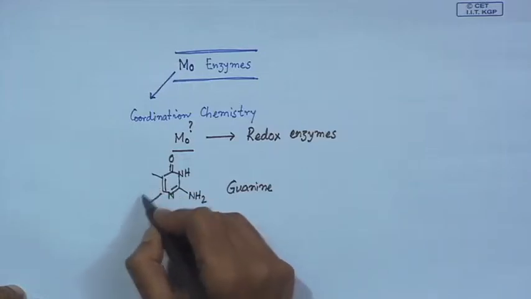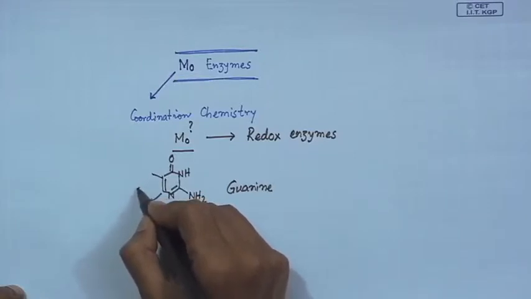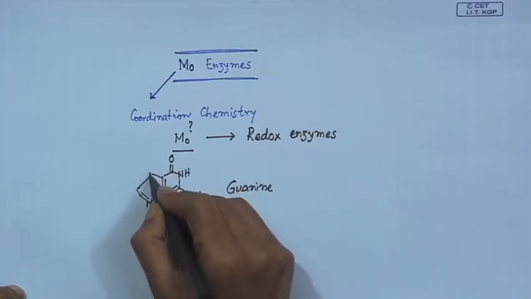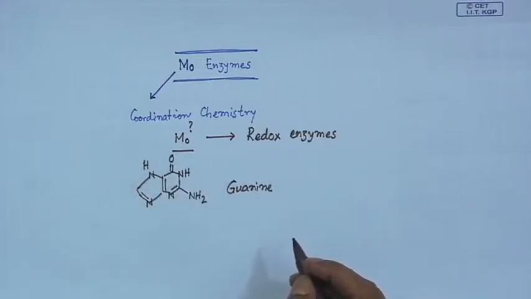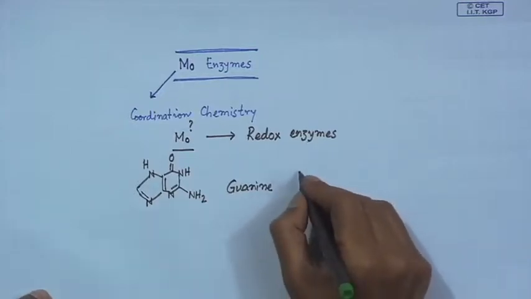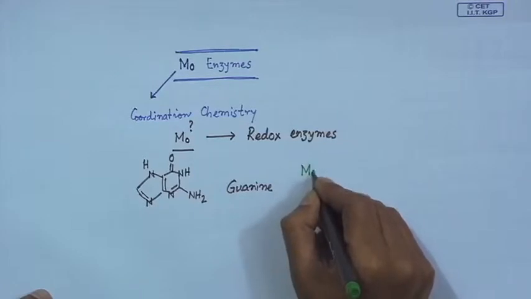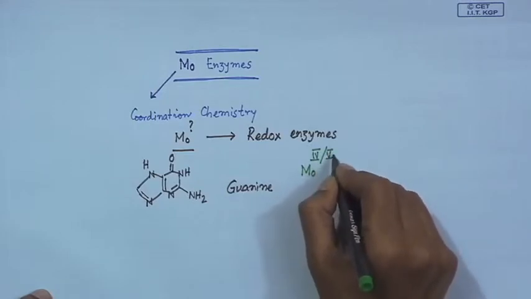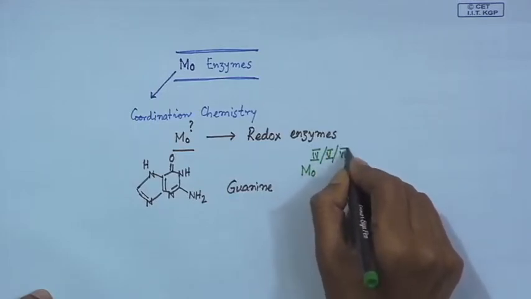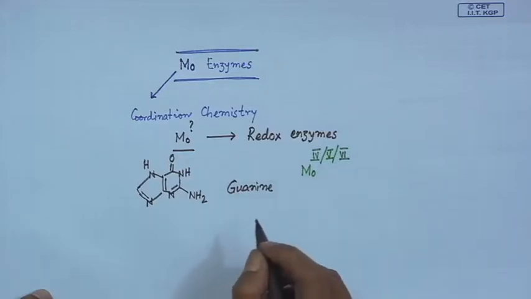And this particular one is the guanine molecule. So, can this molecule interact with our molybdenum center in different oxidation states, starting from +4, +5 and +6?